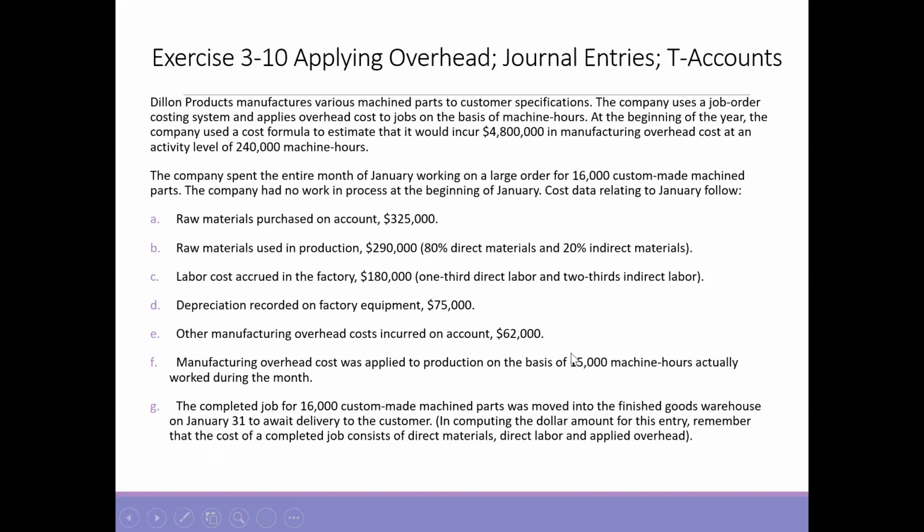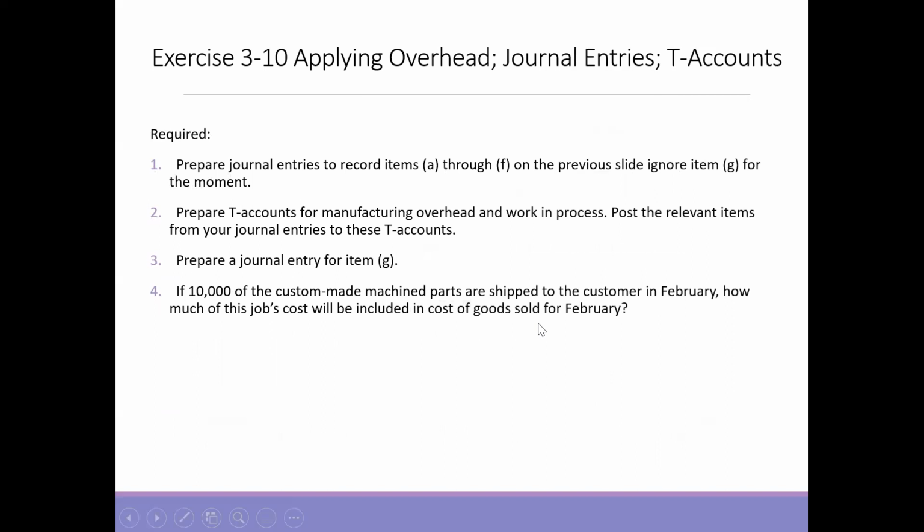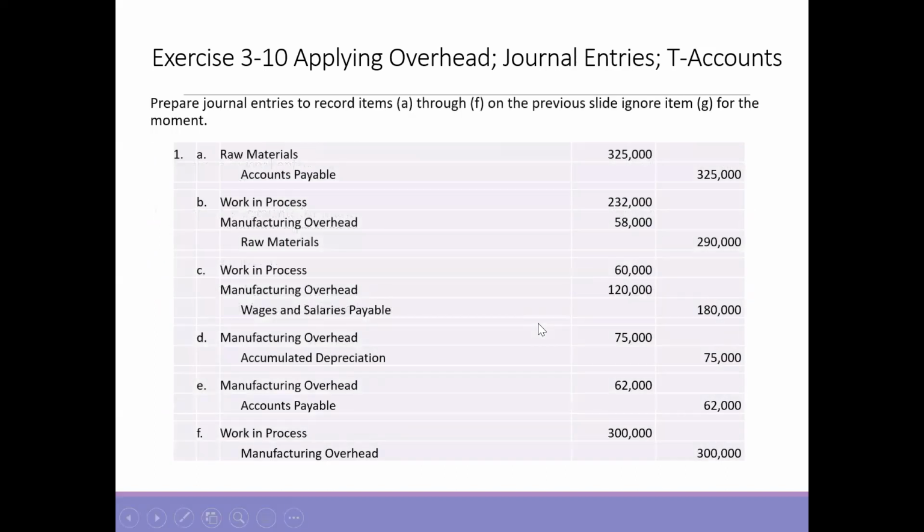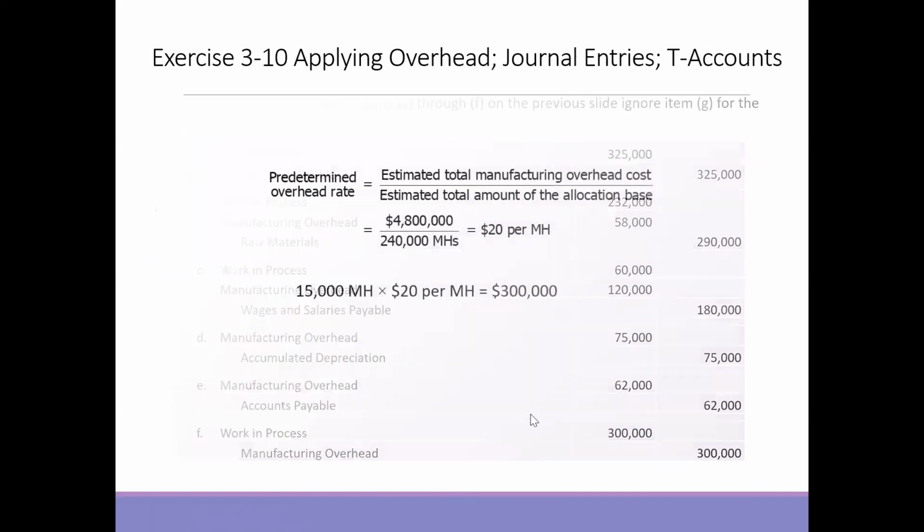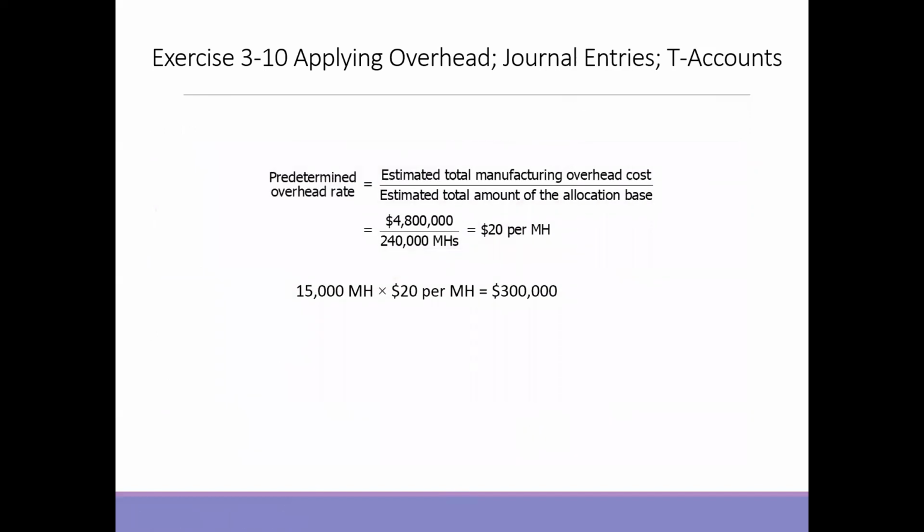So we took our 15,000 machine hours and figured out 4,800,000 divided by 240,000 machine hours to come up with a per hour overhead rate that went from manufacturing overhead applied over to work in process. Remember, the predetermined overhead rate is the estimated costs divided by our estimated machine hours.